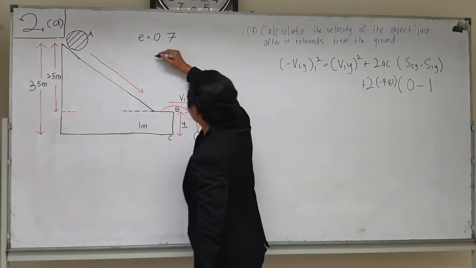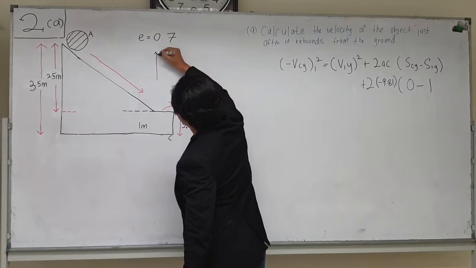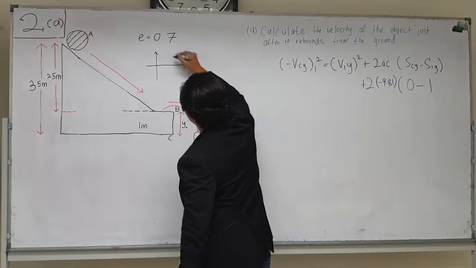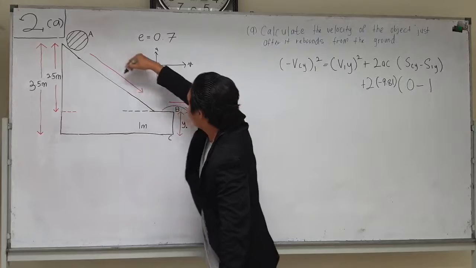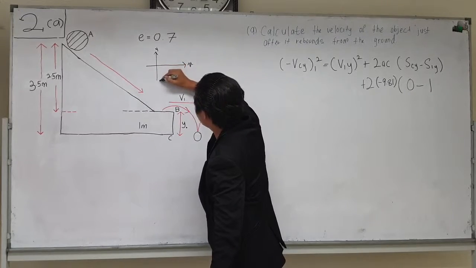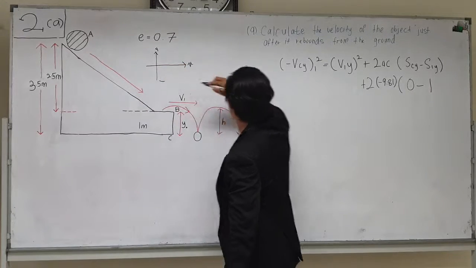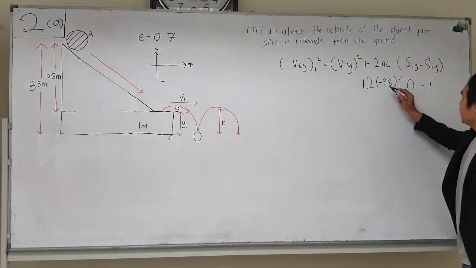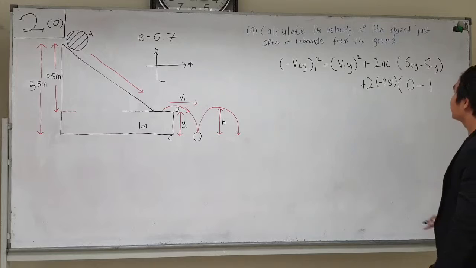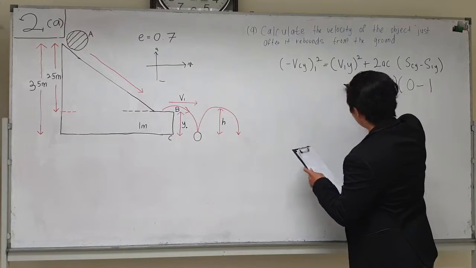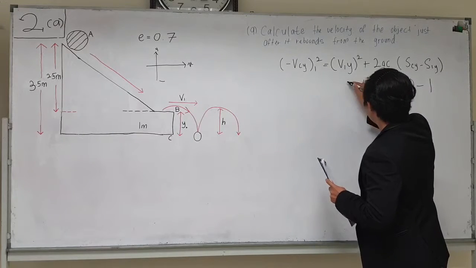Because when we look at the y and x axes, when the object is going down, it will be negative at this point. That's why the acceleration is negative. Then V1Y is 0.